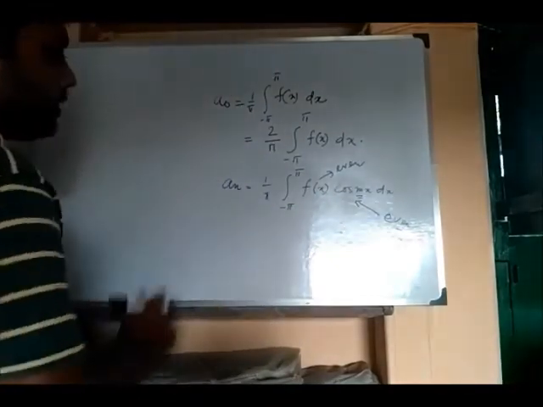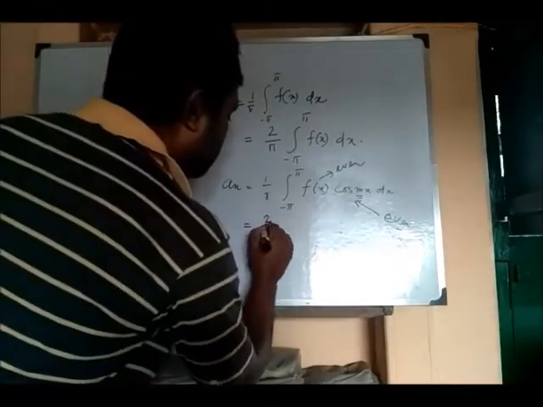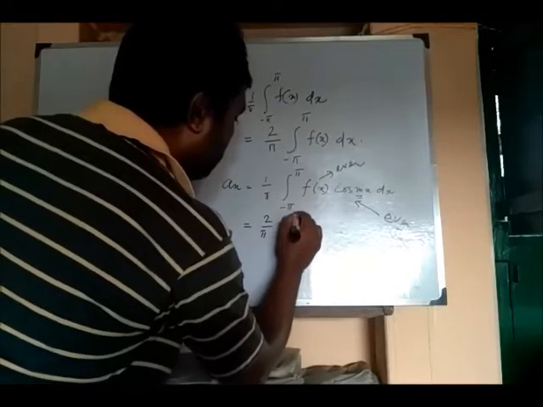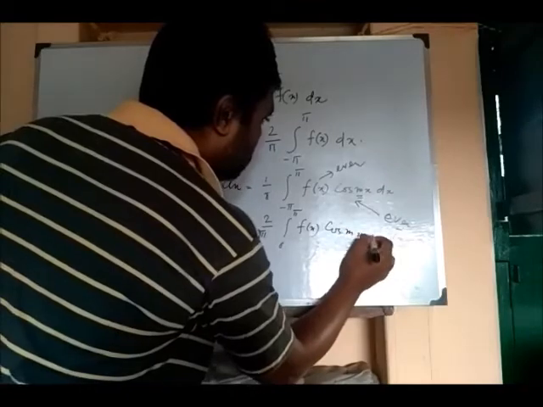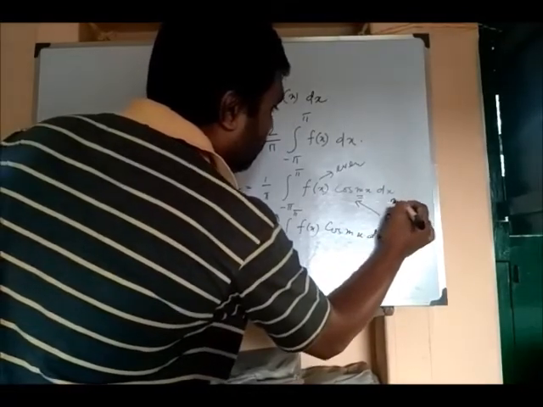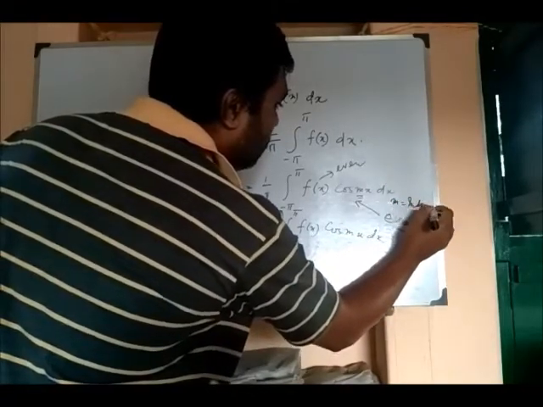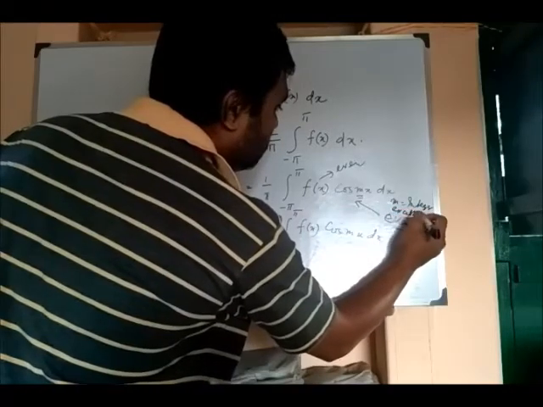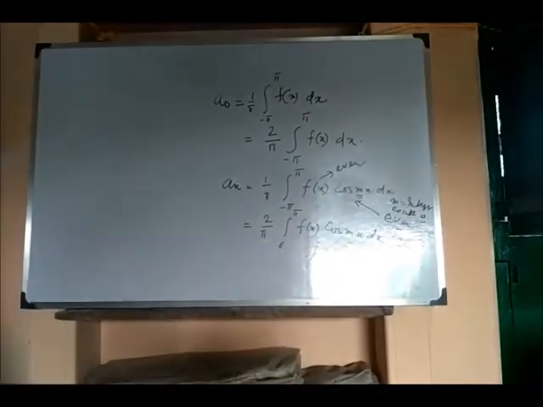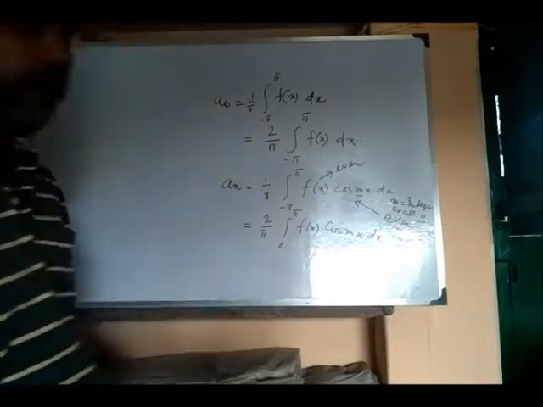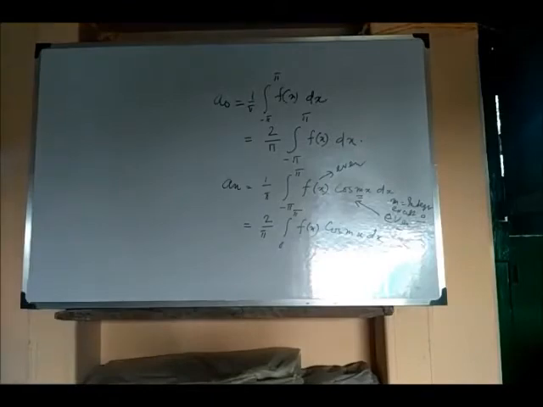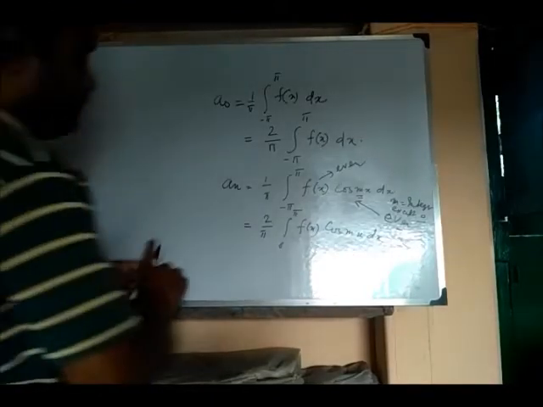So the coefficient a_n becomes just 2 divided by pi times the integration from 0 to pi of f(x) cosine mx dx, where m is an integer except 0. So you can get a_n, and what are the values of b_n?